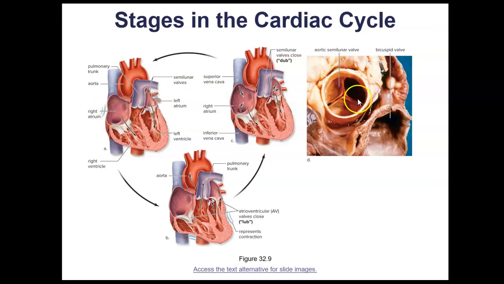And then this is just an actual photograph of the semilunar valve, the aortic valve, and it's closed here. And then here, the bicuspid valve, and it's hard to tell in this picture, but it's just showing you a picture. I can tell you that the aortic valve is closed in this picture for sure. And it looks like the bicuspid or mitral valve is open.